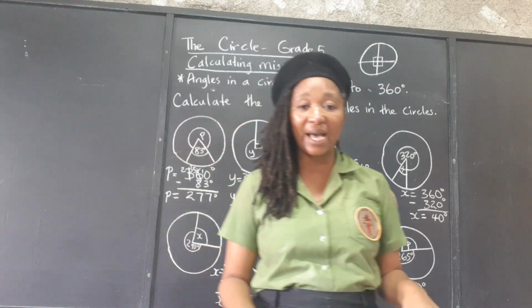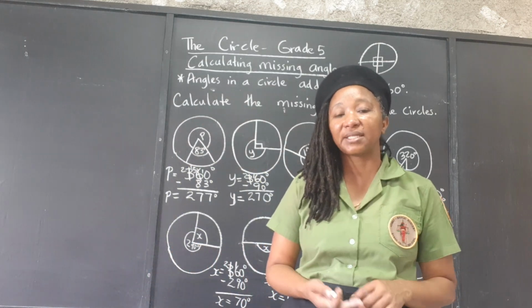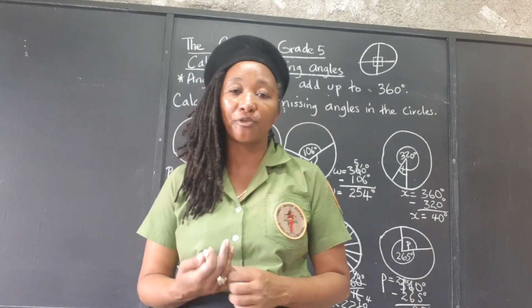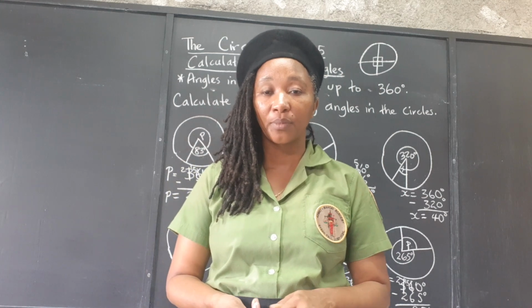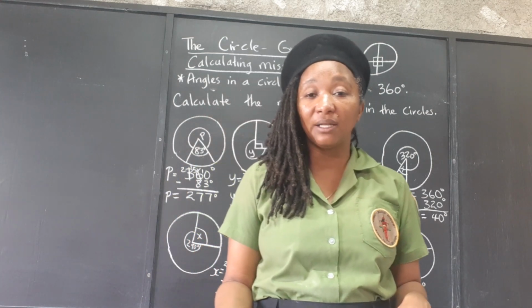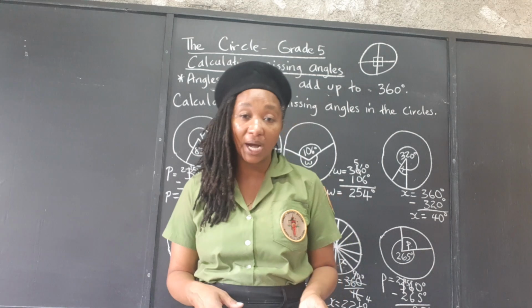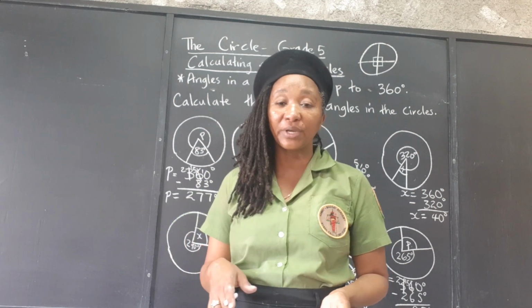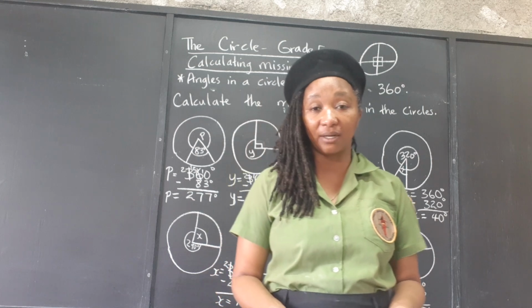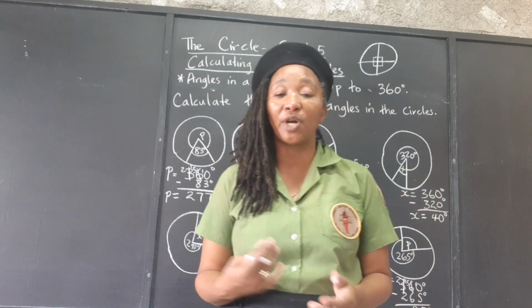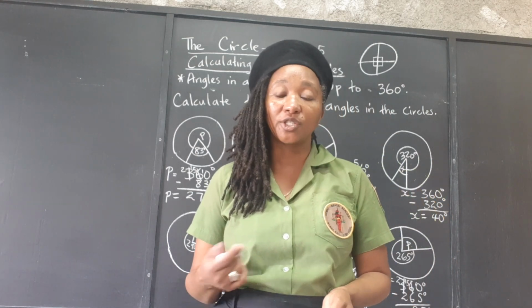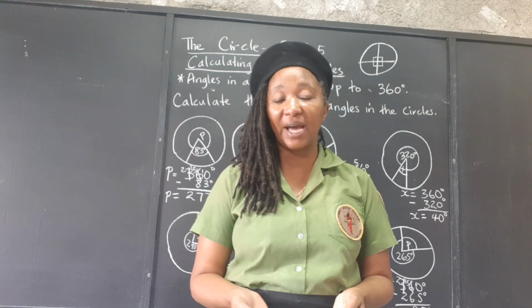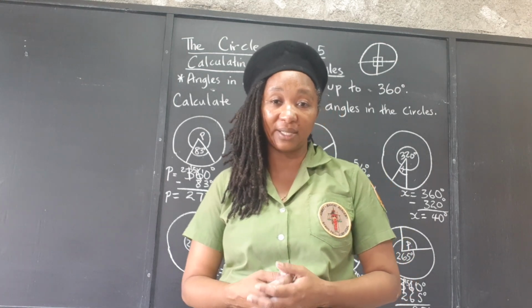Alright, so the basic idea is, since the angles in a circle add up to 360 degrees, if we know one angle and the circle is divided into two angles, we simply take the angle that we know from the full 360 and we get the missing angle. If the circle is divided into a number of equal parts, just count how many parts and divide the 360 by that number of parts.